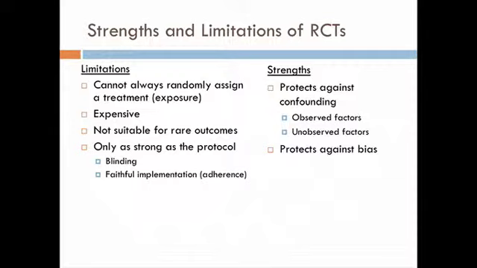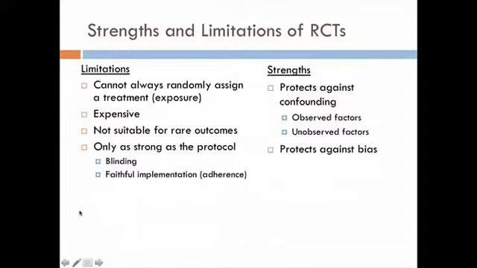The strengths of RCTs are pretty incredible. As we talked about, they protect against confounding by both known and unknown, or observed and unobserved, factors. And in a lot of ways, they protect against bias. They really do help with a lot of the concerns that we find in observational epi studies. So if you can do an RCT, you want to do it. But again, there are cases when you can't.